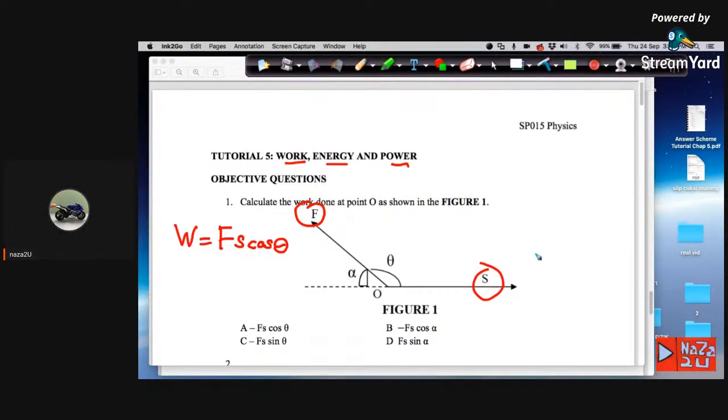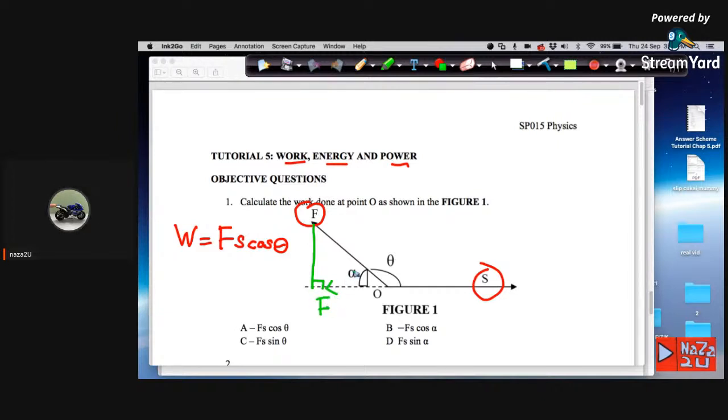This is to the right for S and to the left for the force. So the force and the displacement S are not parallel, not on the same axis. So now you can resolve F to the X axis.